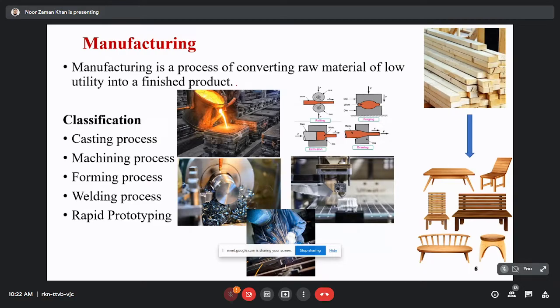So what we are doing with manufacturing is converting a raw material into a finished product, and we are increasing the value of the raw material. If we take an example, this is wood. We are converting this wood into furniture, whether it be a table or chair or stool, etc. So here we are increasing the value of this wood in the form of a chair or a table.